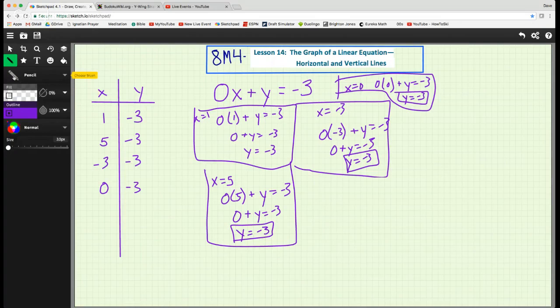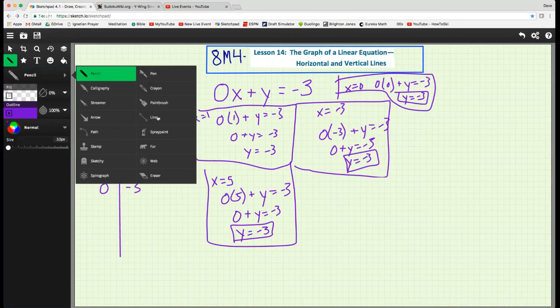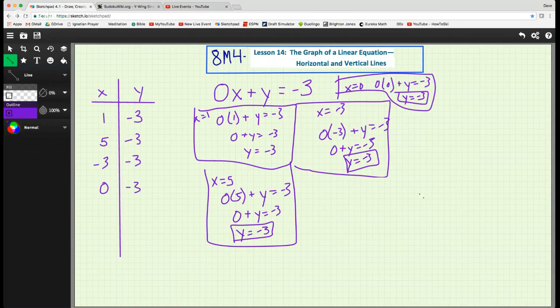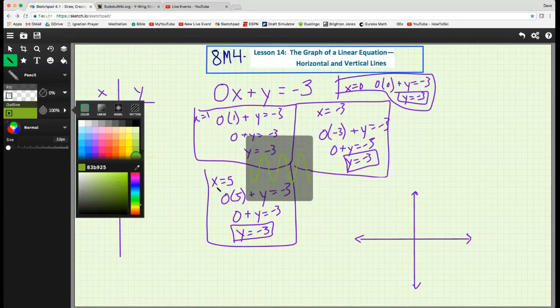So let's graph that guy and see what's going on again. What do we get when we graph this? Well, with x's we had vertical lines when we did our x's. So let's graph him again in green.